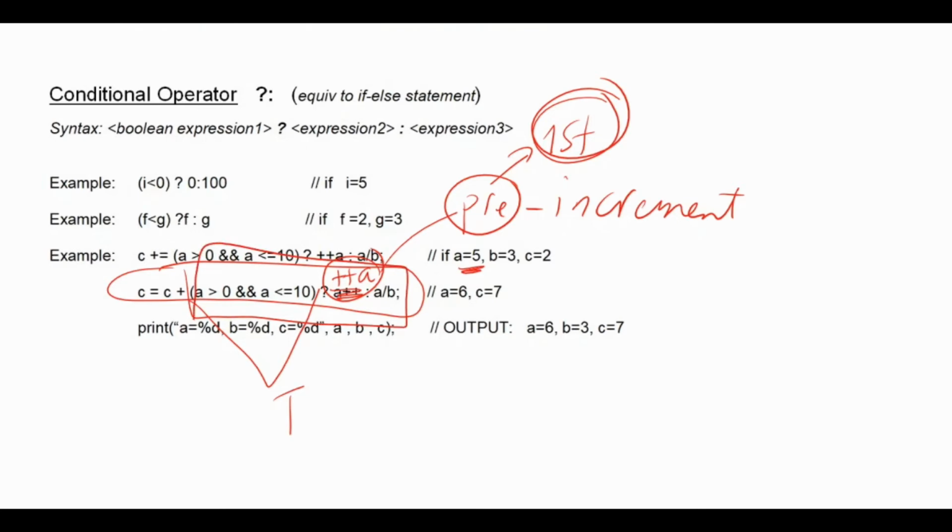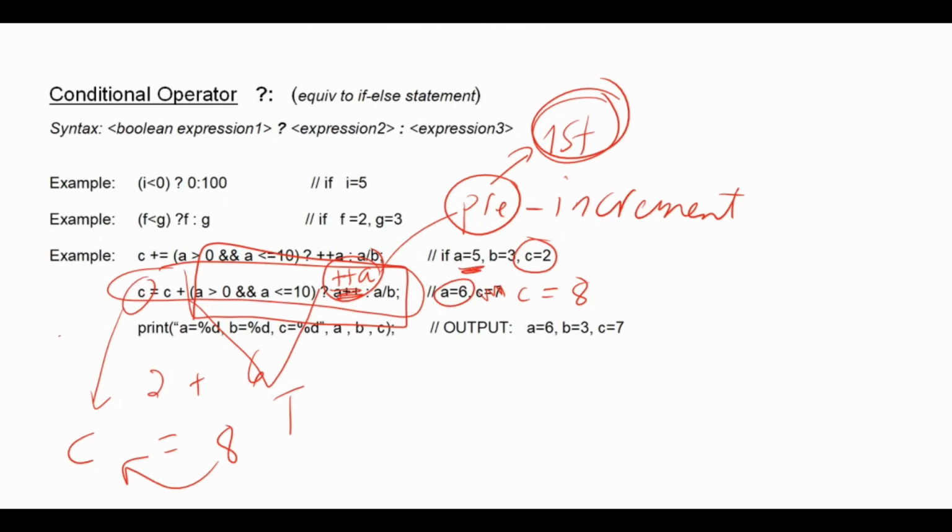That is equal to A, which is 5, incremented, so this becomes 6. And plus C, which is initially 2. So the right side of the assignment statement is 2 plus 6, which is equal to 8, and that is assigned to C. So C at this point is not 7, but 8, and A is 6.